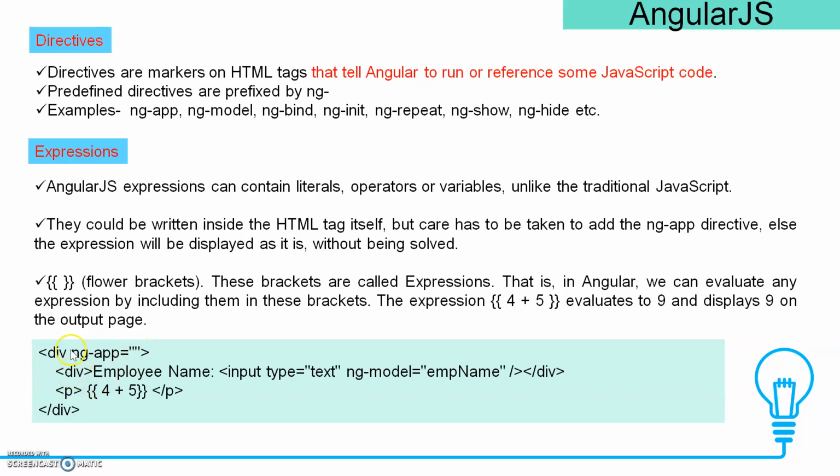Inside that you can write, suppose, employee name, and here is the text box to take that name. ng-model is another directive. We will go into detail about this in the next session. So ng-app and ng-model are the directives, and in the paragraph tag, this is an example of an expression.